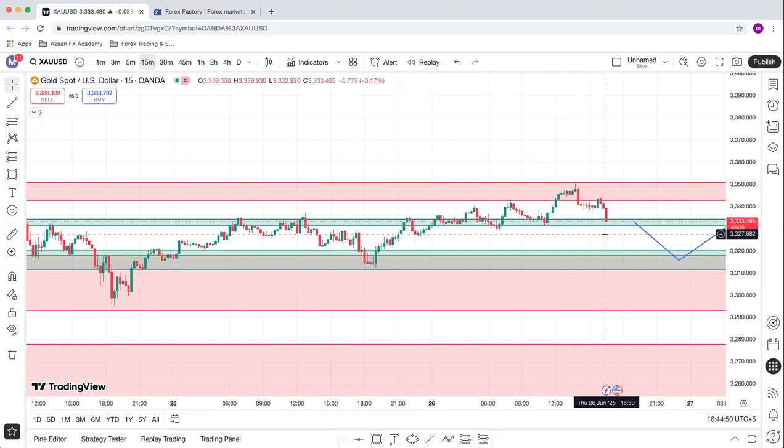If gold breaks this support, then it would be very clear that gold is going downside. And if it takes a support from here, then gold could directly go from here to upside again.